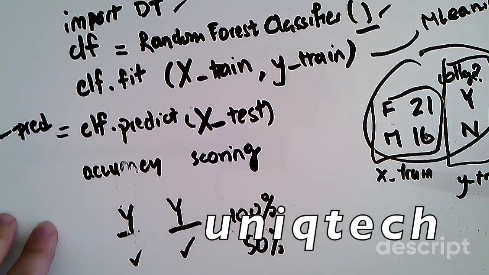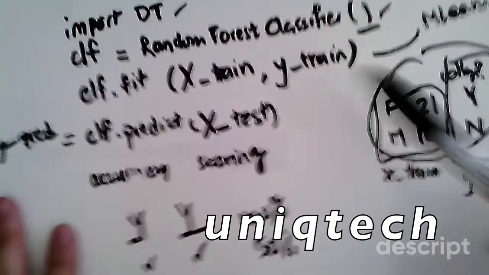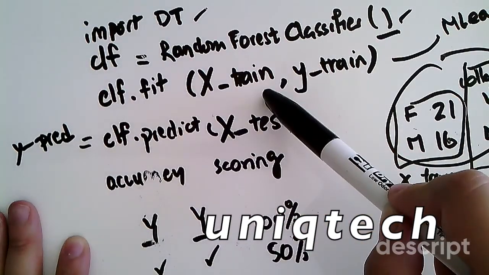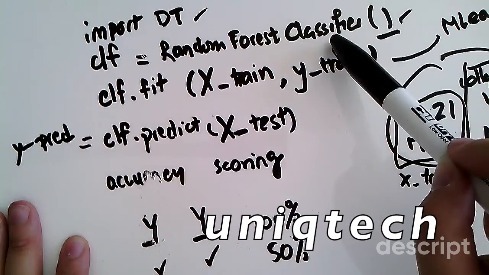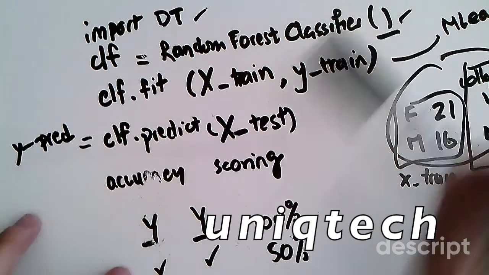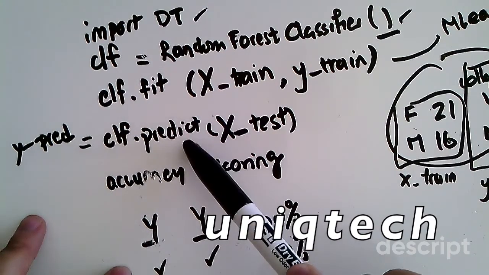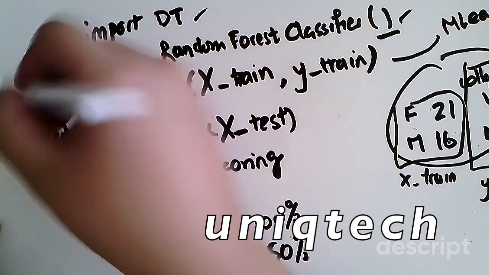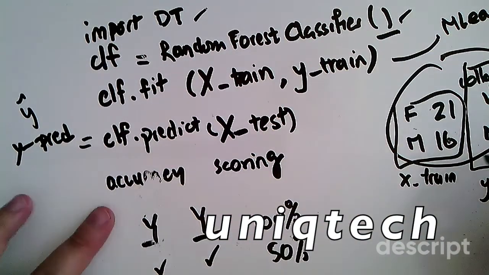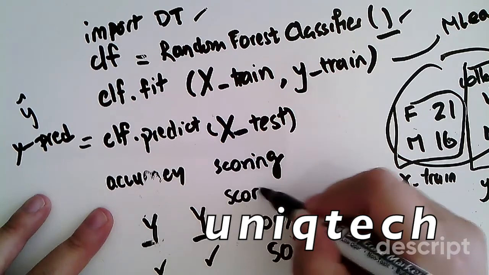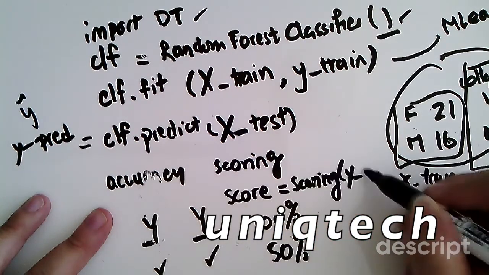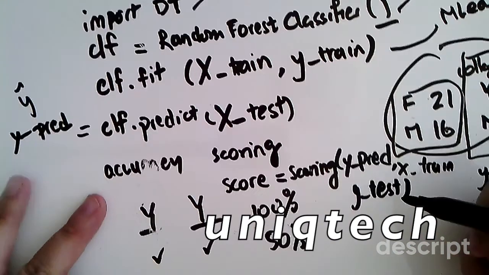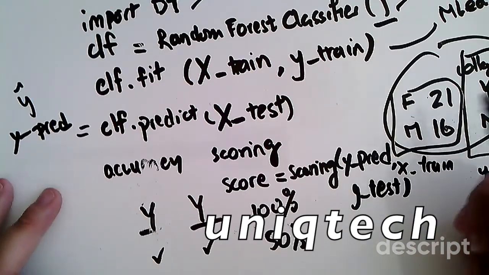But remember when you're going through the pset, you get the import, you get the classifier, you fit the classifier, and sometimes it's a classifier, sometimes a regressor, and then you predict and you get your prediction, which is also y hat, another notation you will see, and then you can score it. Usually some kind of scoring function with y pred and y test. And this is only when you're working on the train and test data.